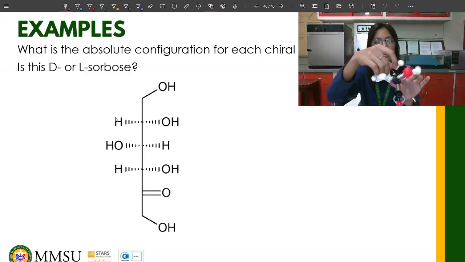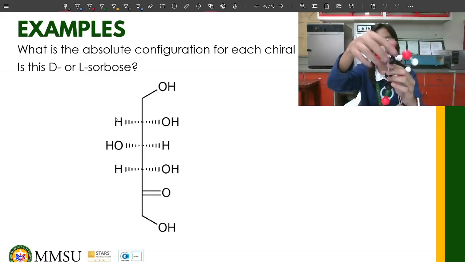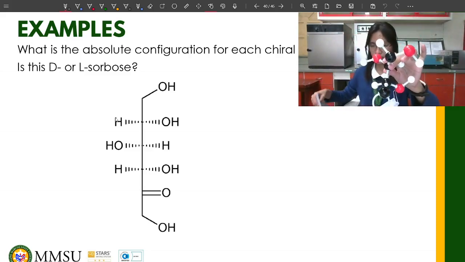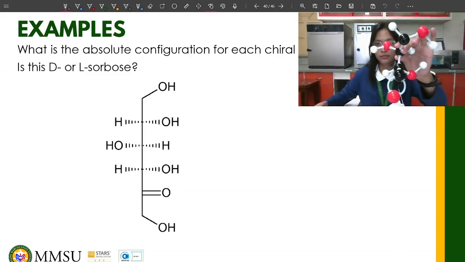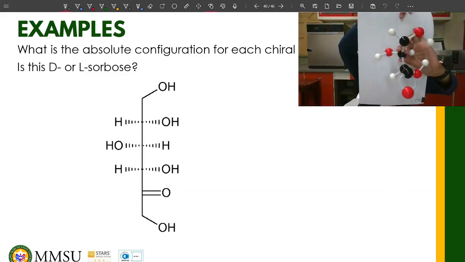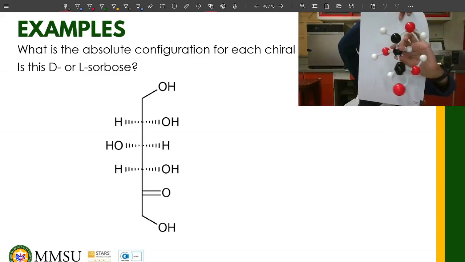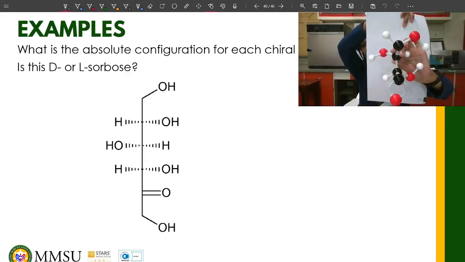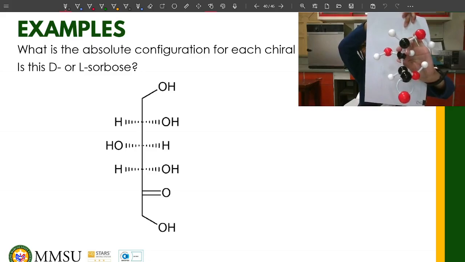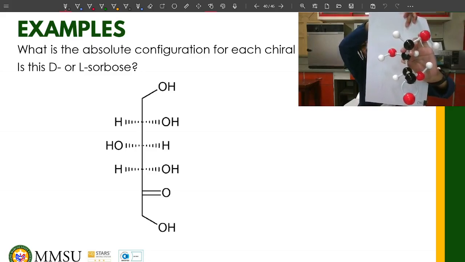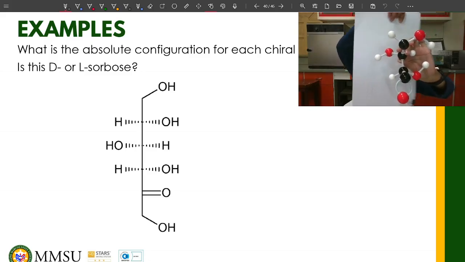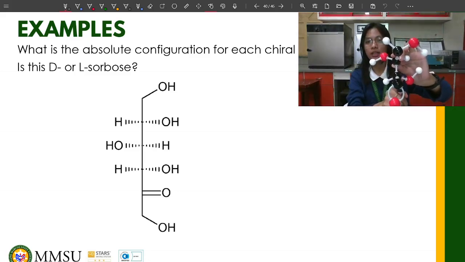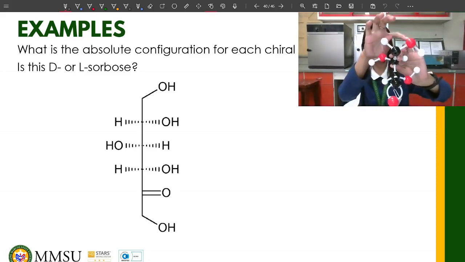So, this is what they look like. Ganyan yung itsura niya. Para makita. Nakikita nyo? Yung C double bond O nasa baba. Tapos, eto, palikod, nasa right, nasa left, then nasa right.